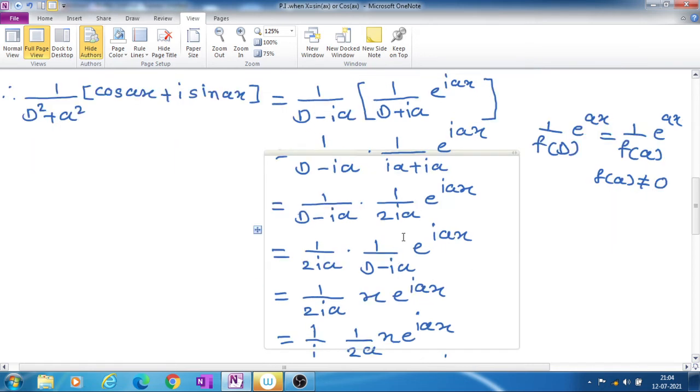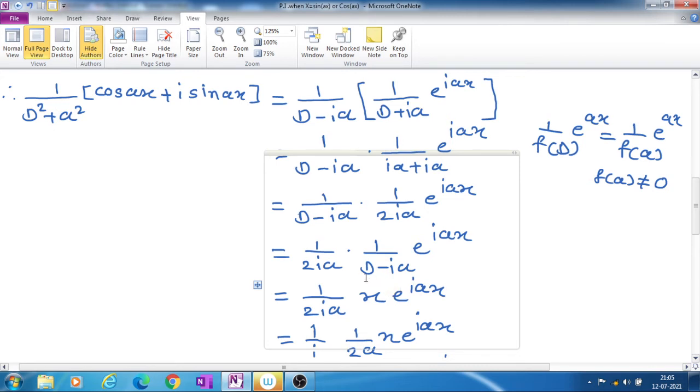Now this i is, you know, root minus 1, so 2ia, this all is a constant term, so we take it outside, 1 upon 2ia, and then 1 upon d minus ia operates on e raised to iax.